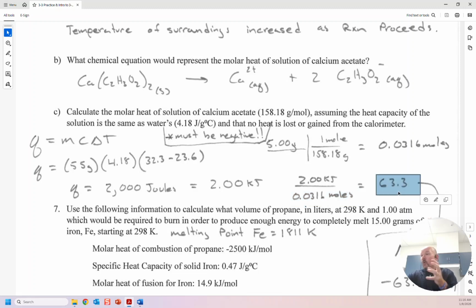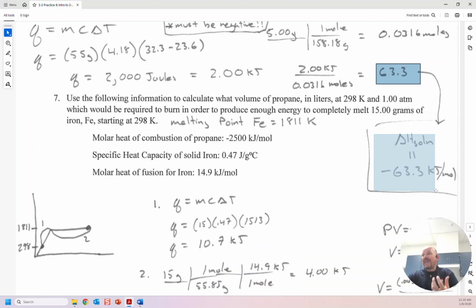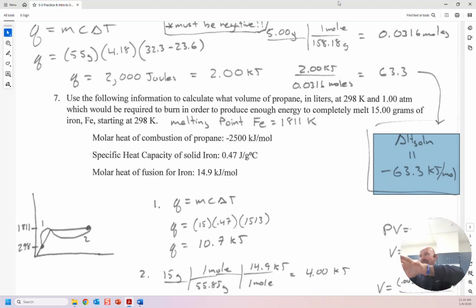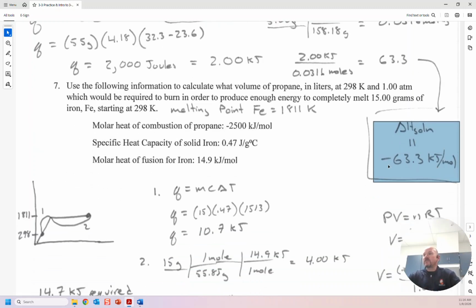But when I report it as the heat of reaction or the heat of solution for this salt, I have to remember it was an exothermic process. So that's why it is this. Okay. So that is the final answer to part C for this calorimetry question, negative 63.3 kilojoules per mole.